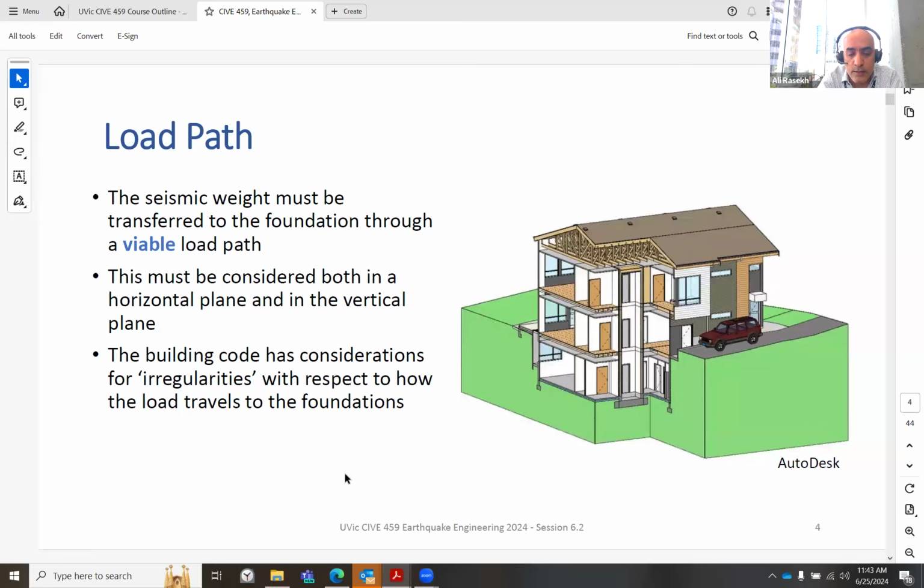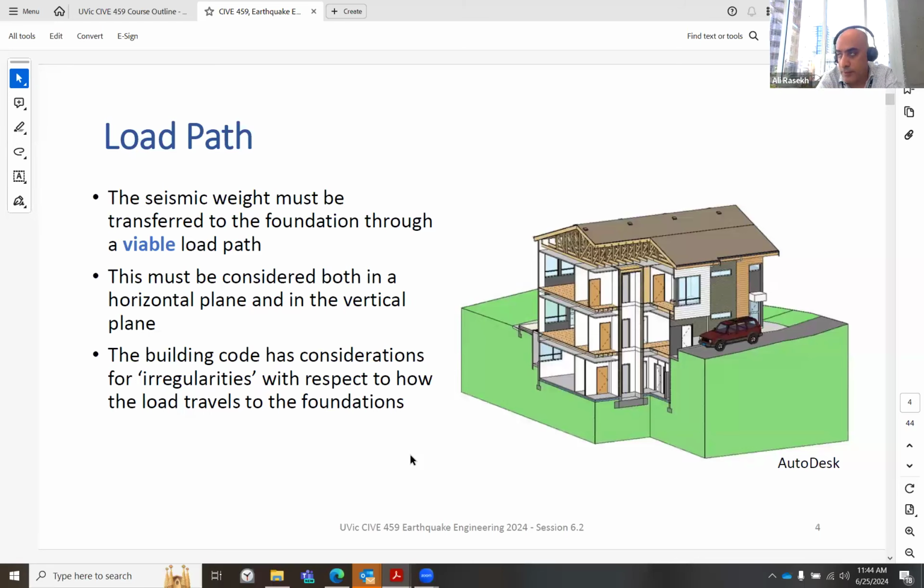Regularity means that our life is comfortable as structural engineers if everything looks regular, meaning there is small change vertically, every plan is almost the same, small change in elevation, where all the sections of the structure look the same.